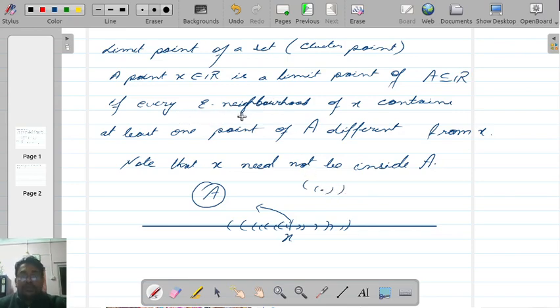So if every epsilon neighborhood contains at least one point of A different from x, then we say that x is a limit point. So x is not a limit point if the negation is true. What is the negation? Every will be replaced by there exists. So there exists a neighborhood of x that doesn't contain any point of A different from x. That gives us the definition of not a limit point.